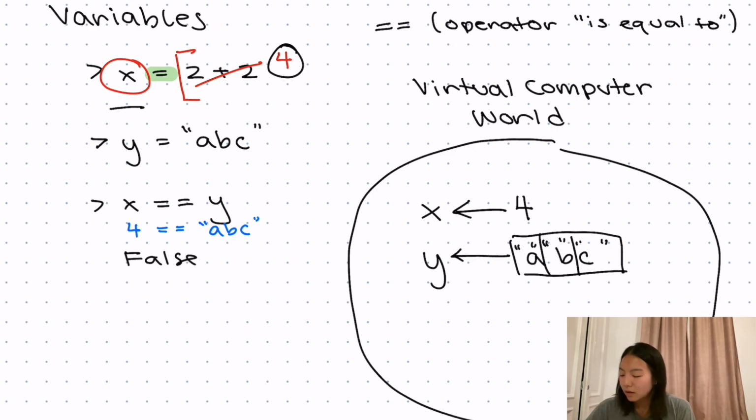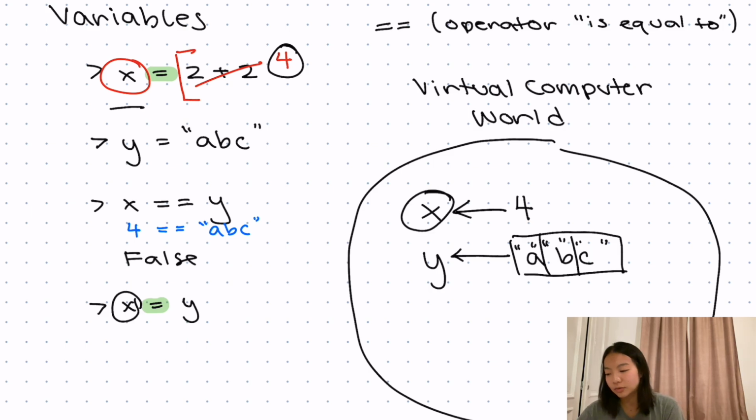Okay. But if I do x equals y, well, now this is an assignment operator. It's basically telling Python, hey, look for this variable x, which exists in our virtual computer world, and we don't care about what's on the other side right now.